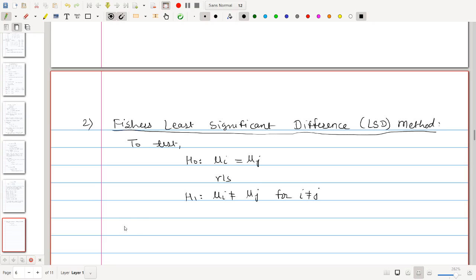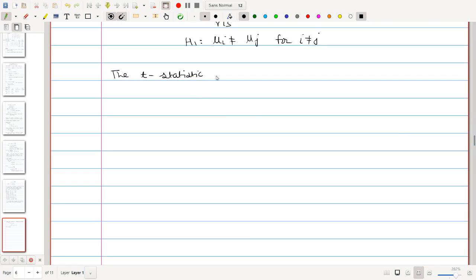We know the t statistic to test for pairwise comparison. The t statistic is, as we already know, the two sample t test or independent sample t test.